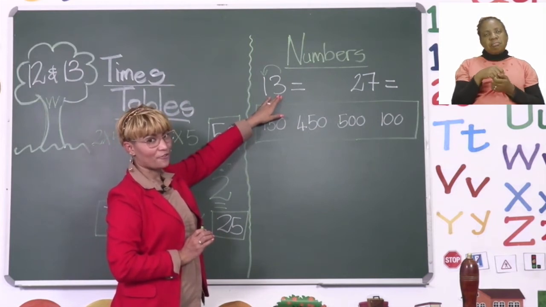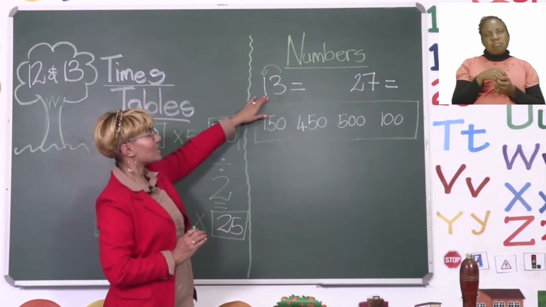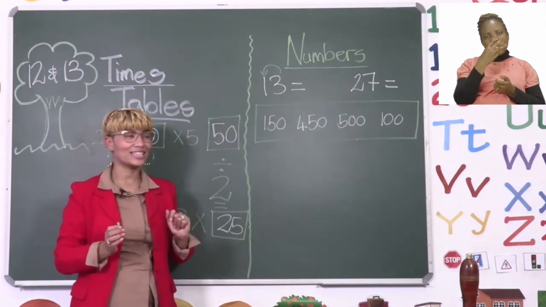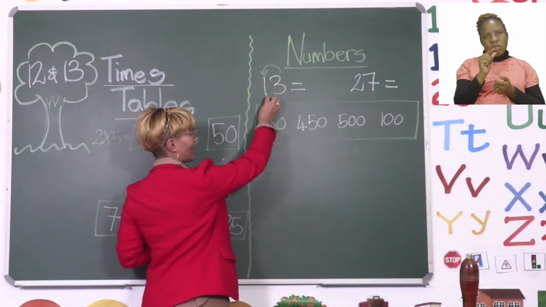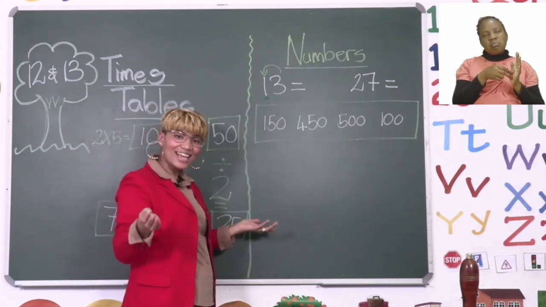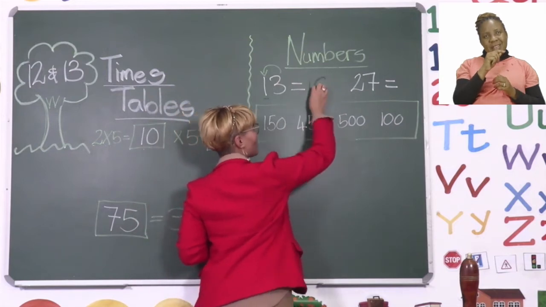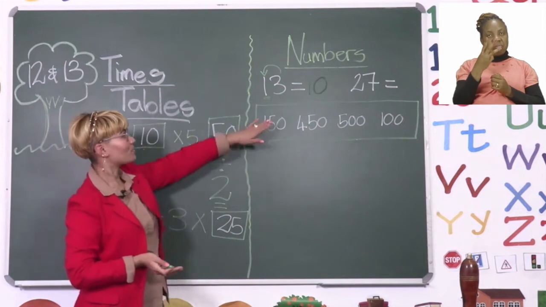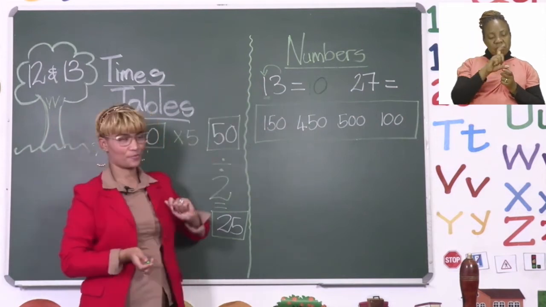It's lower than 4, which means the tens stays the same. In this case, our tens will then be 10. So if we round off 13 to the nearest 10, it becomes 10.